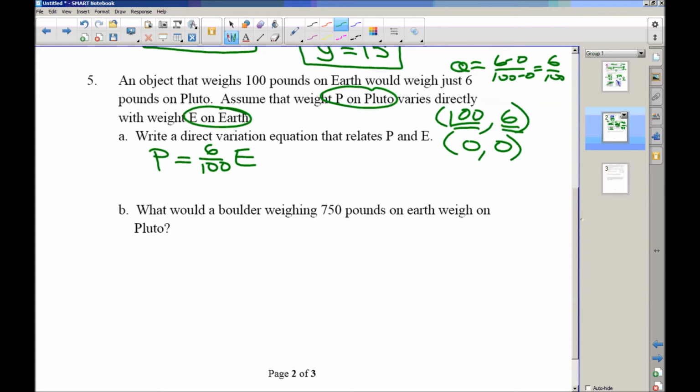Okay, that's part A. What would a boulder weighing 750 pounds on Earth weigh on Pluto? So now we know the Earth weight, and we'd like to know the Pluto weight. This is where a calculator might come in handy. I'm going to grab mine, and we're going to do 6 divided by 100, and then times 750.